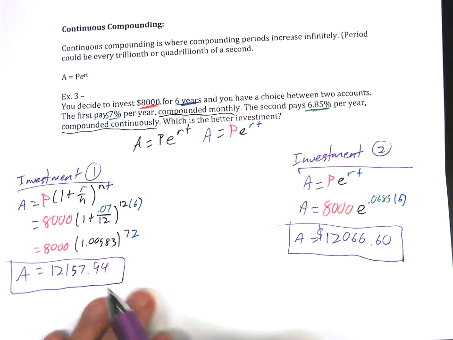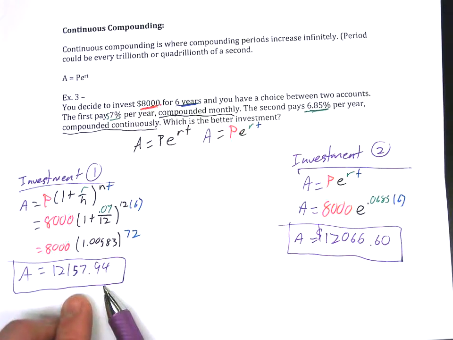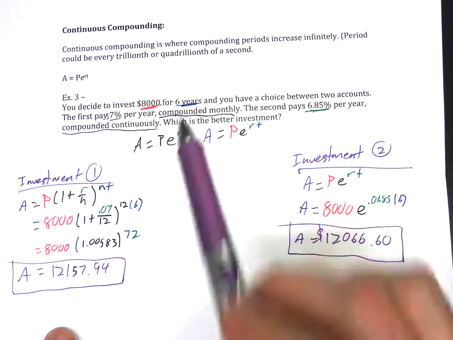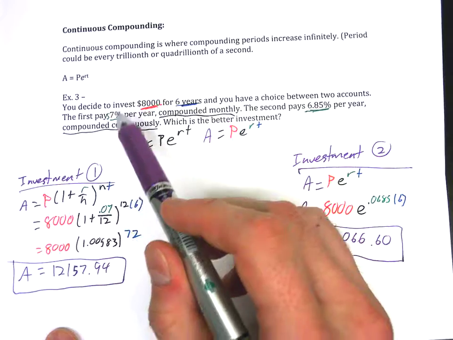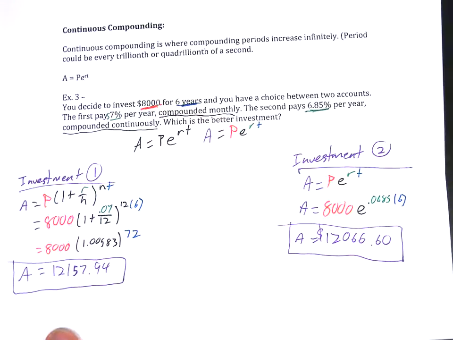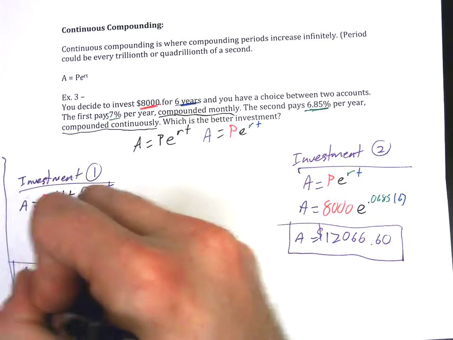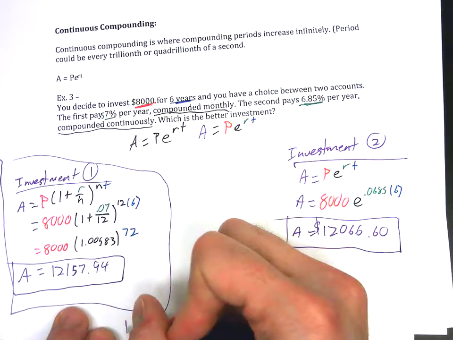So the better investment would be at 7% compounded monthly. The big piece there being that the rate makes the big difference at 7%. So you would, in this case, choose investment 1. This is better.